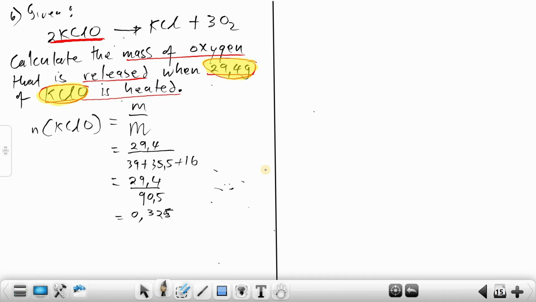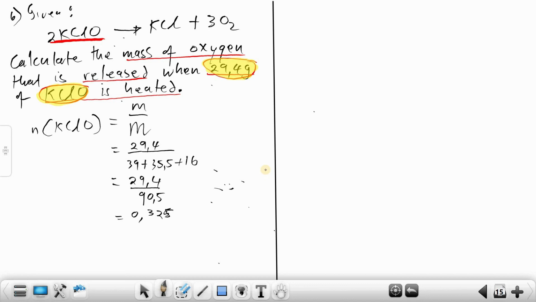because if you work with KCl, it means you are not working with the information that is given. So automatically your molar mass is incorrect, and now the molar ratio also becomes incorrect, because now you are comparing two different things.